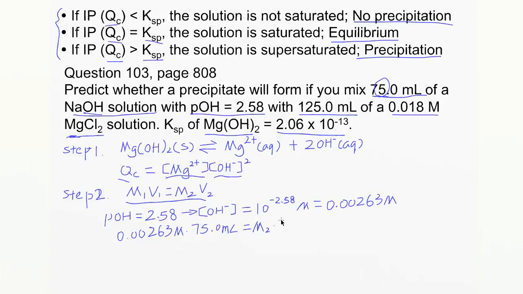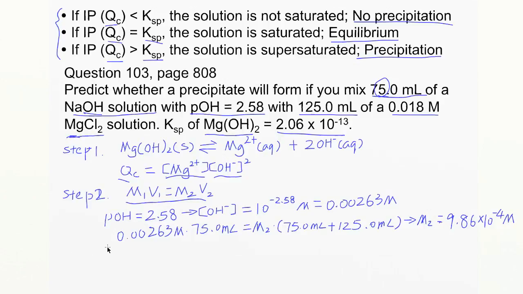V2 is the total volume of this new solution, so that would be 75 ml plus 125 ml. If you do the calculation, M2, the new concentration of hydroxide in the new solution, is 9.86 times 10 to the negative 4 mole per liter.